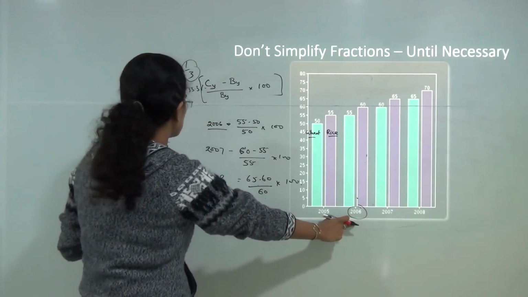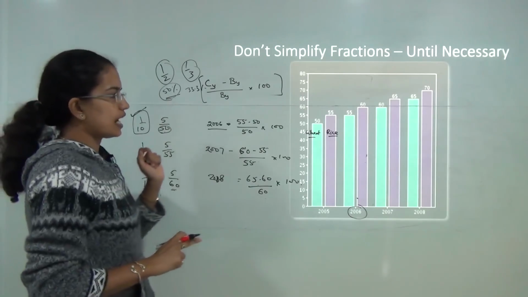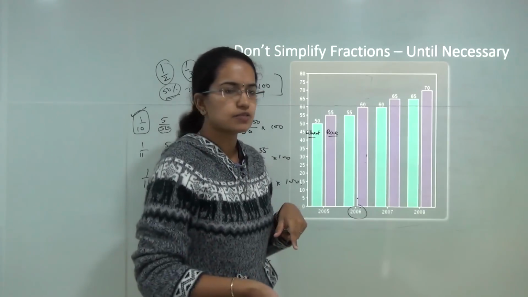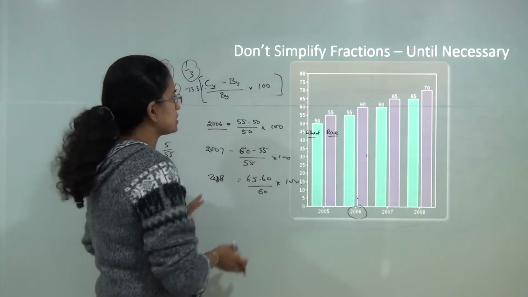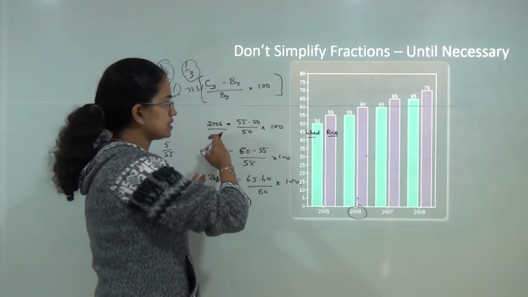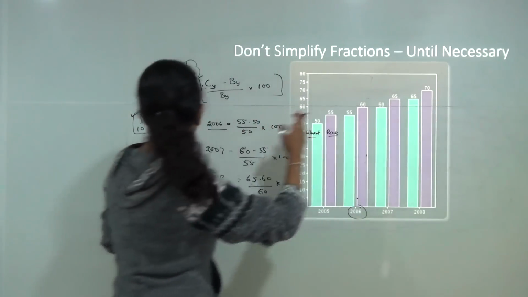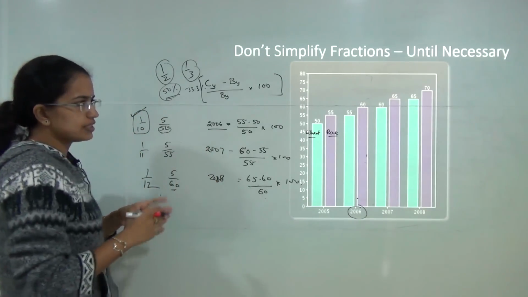Similarly, if it asks about rice production and which year would have the lowest rice production growth, you will again do the same thing, current year minus base year by base year into 100. You will do it for all, and let's say you come up with similar answers.